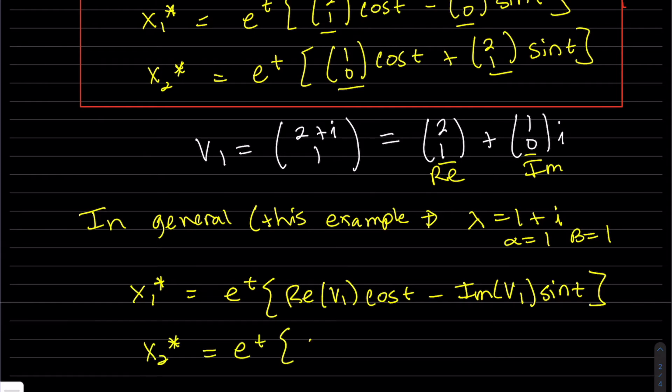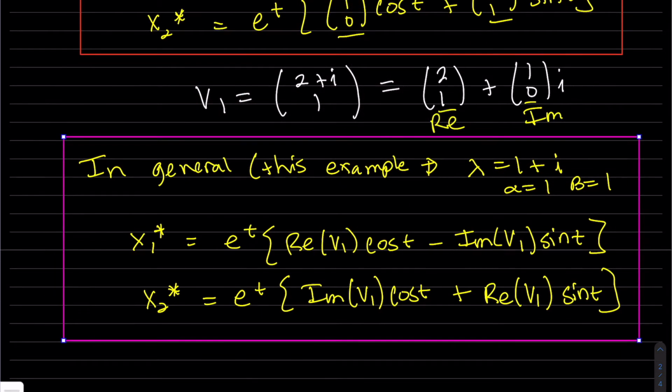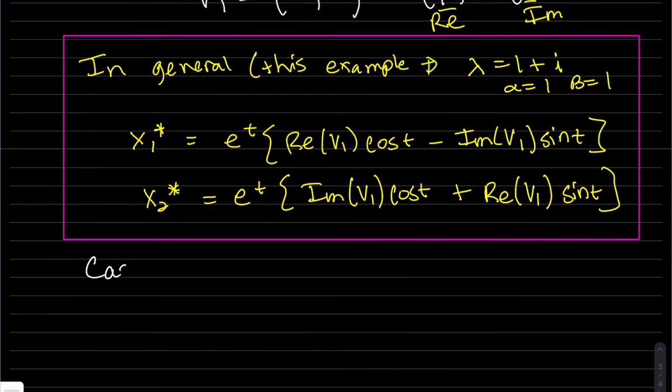That's the real. So here's our actual case 3, which are complex eigenvalues.